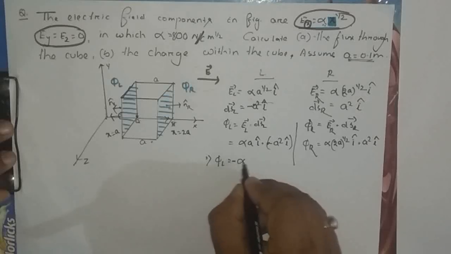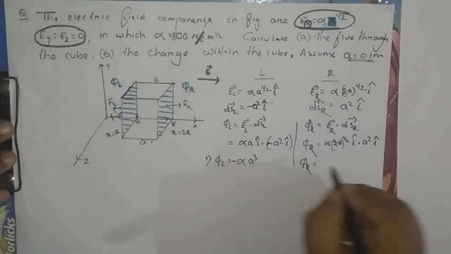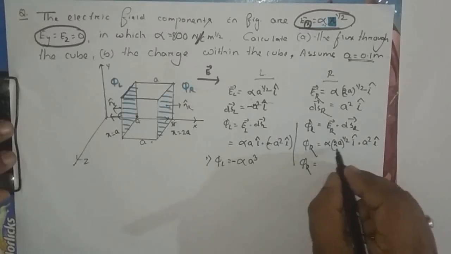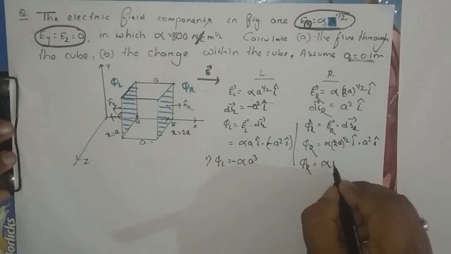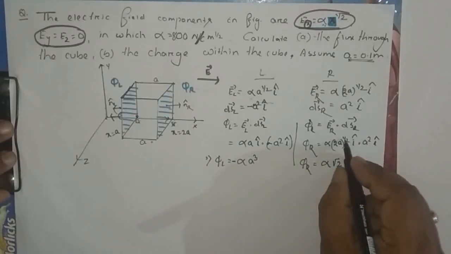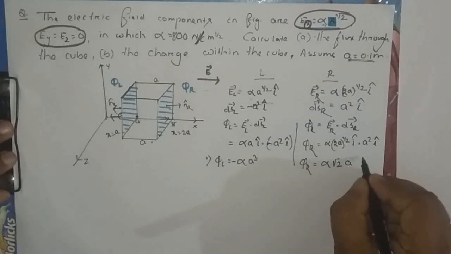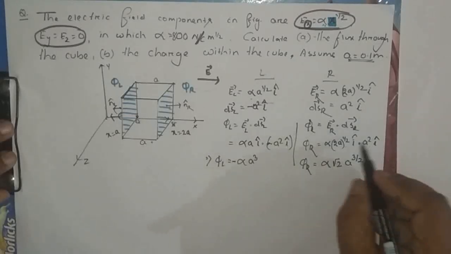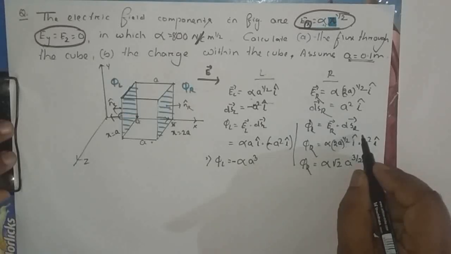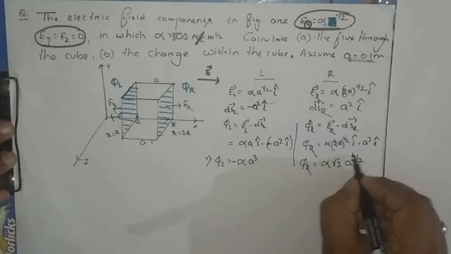And the right hand side will become alpha root 2 a square a to the power 1 by 2, so it will become a to the power 1 by 2 plus 2, I think it is 5 by 2. Please check it.